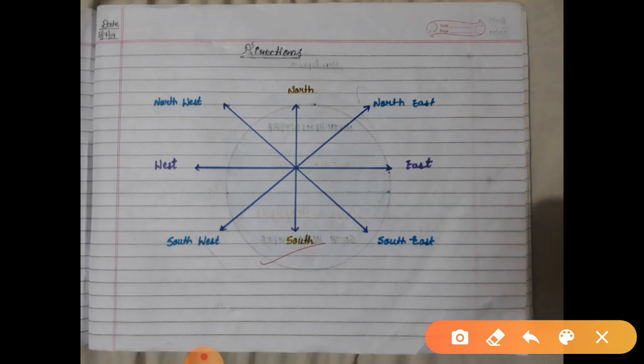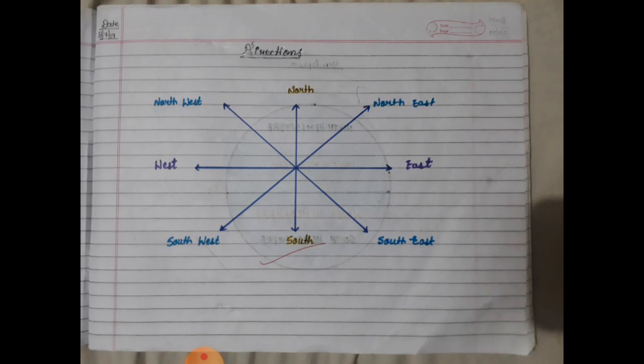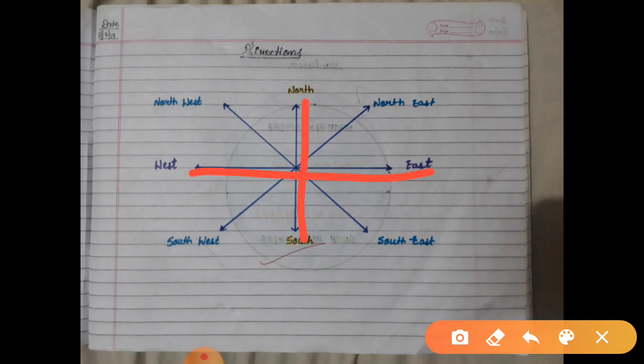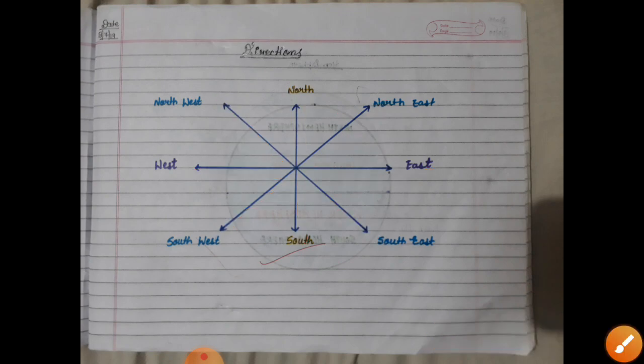On the top, it is north, then south, west, east. Then we have northwest, northeast, southeast, southwest. Okay, so your first diagram is of direction.